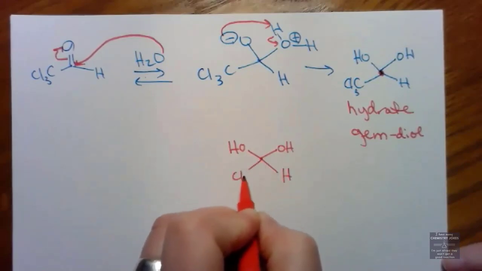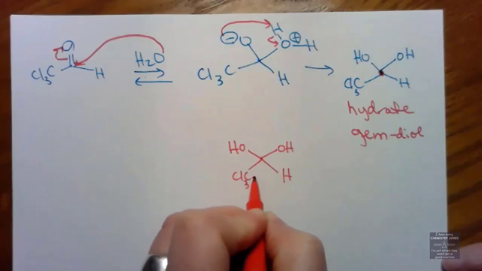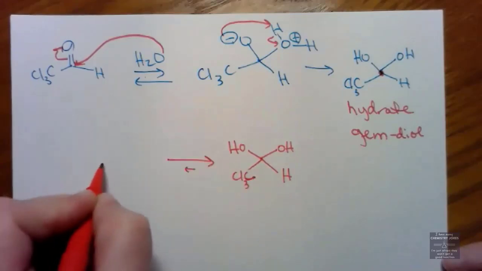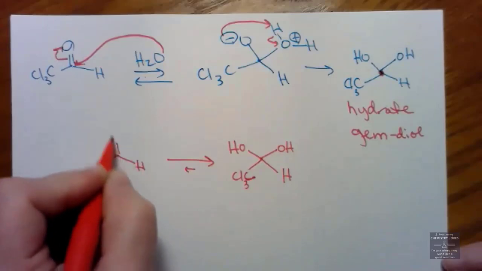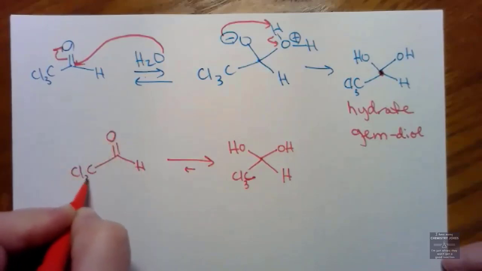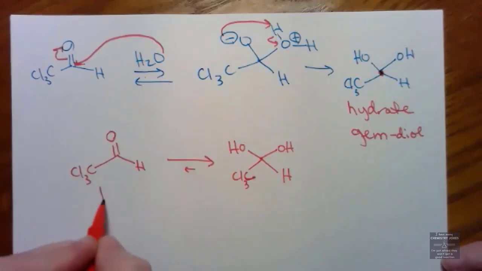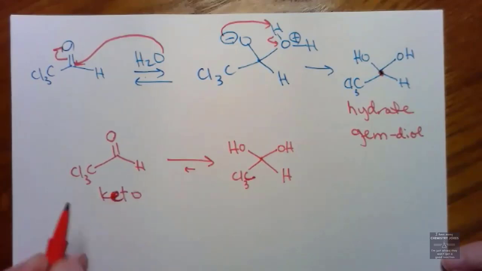This particular ketone exists as a large percent hydrate. This particular aldehyde, I think I just called it a ketone a minute ago, this particular aldehyde is a large percent hydrate when water is around. The keto form is not as favorable as the hydrate form.